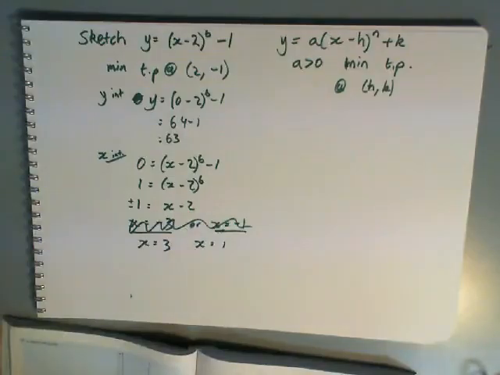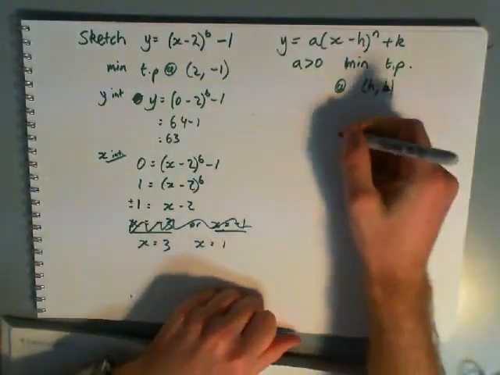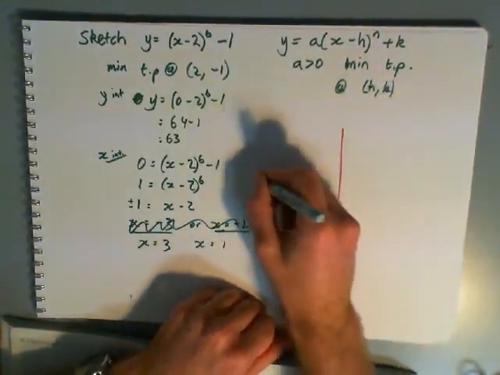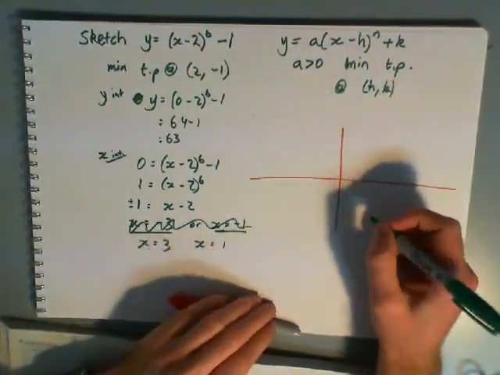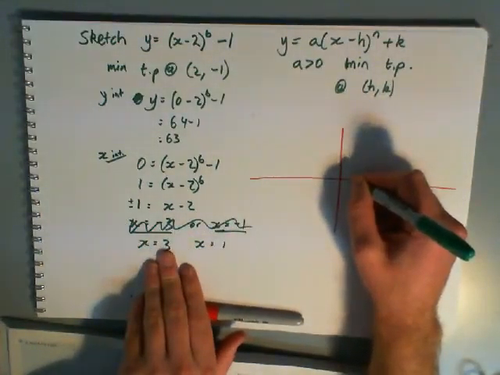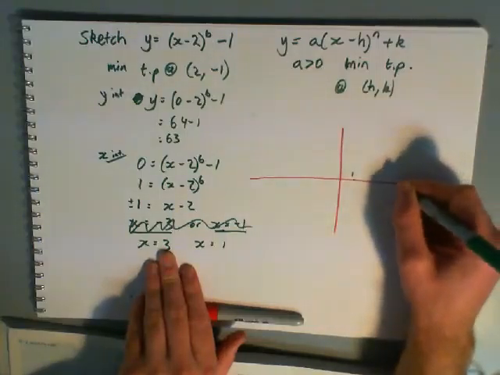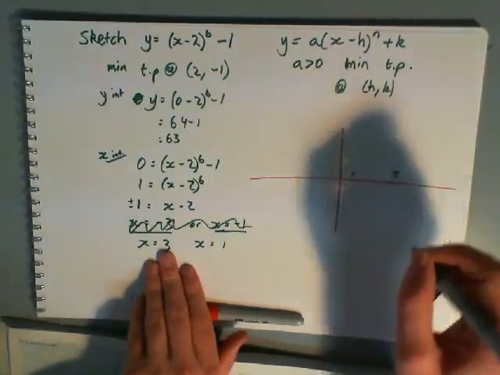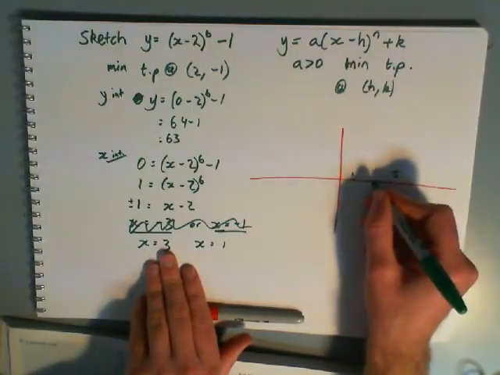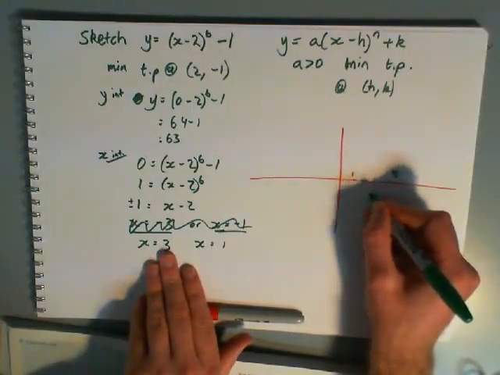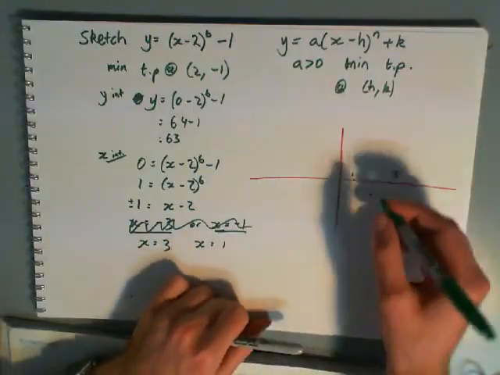Okay, and then we can just get our set of axes and graph it. So we've got x-intercepts at 3 and 1, so 1 and 3. A minimum turning point at 2, so in between them, and down 1. So about there.